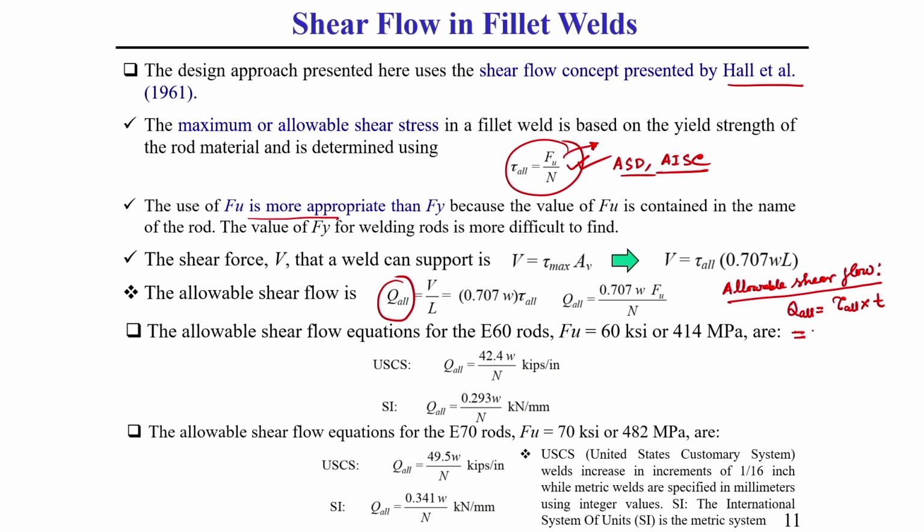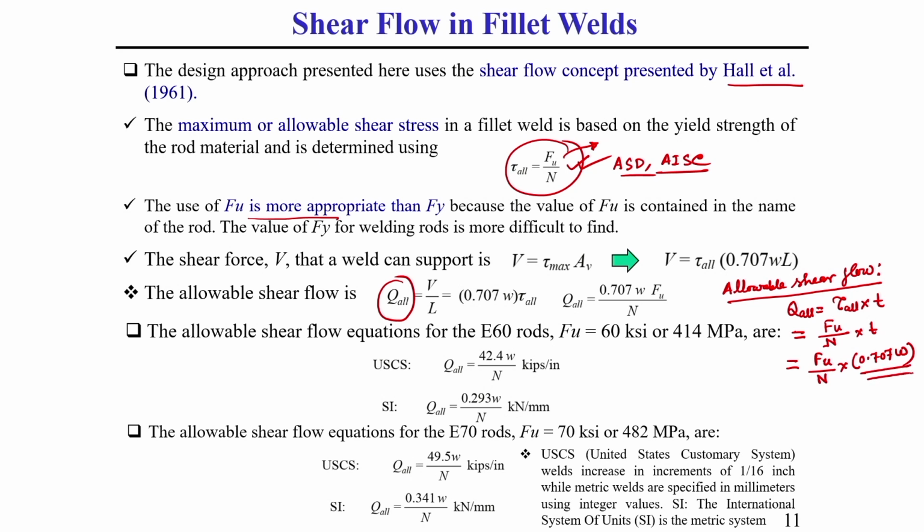Tau allowable I have already shown is Fu divided by n, and here there will be the throat thickness T. In the case of the size of the weld, T is 0.707 times the leg length of the weld.